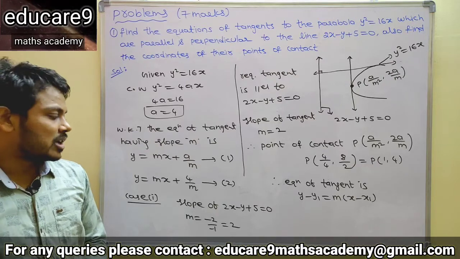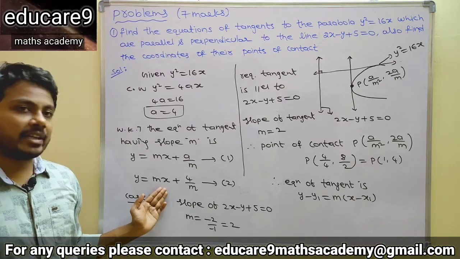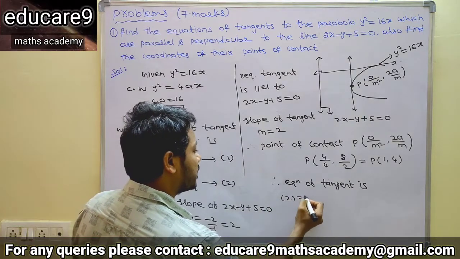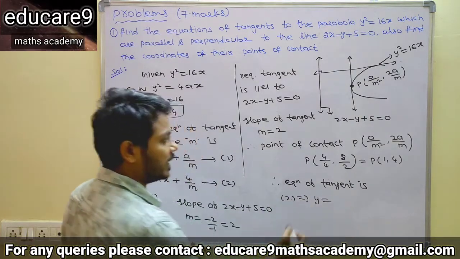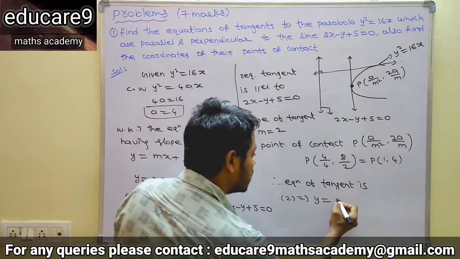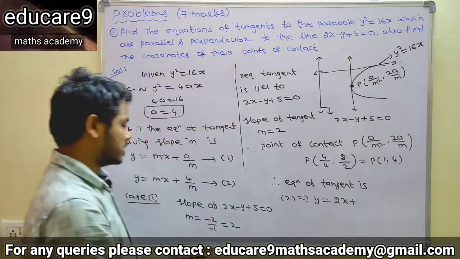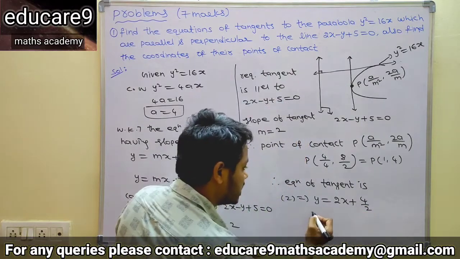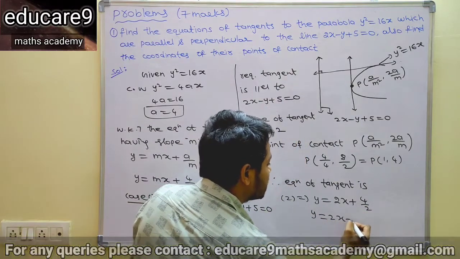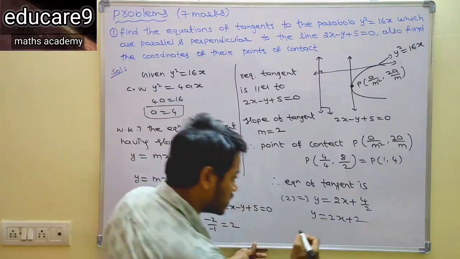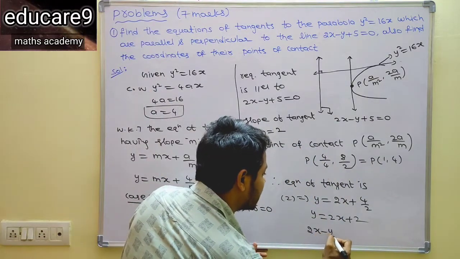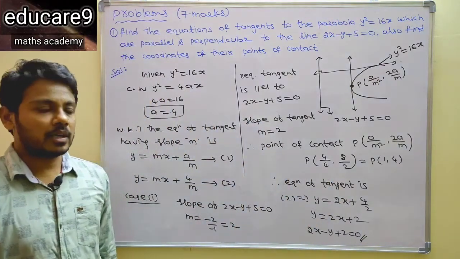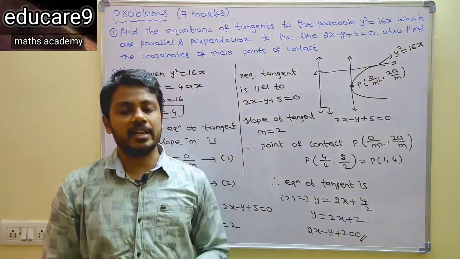Otherwise, substitute in equation 2: y is equal to 2x plus 4 by 2, so y is equal to 2x plus 2. So the equation of the tangent is 2x minus y plus 2 equals 0. This is the required equation of tangent.